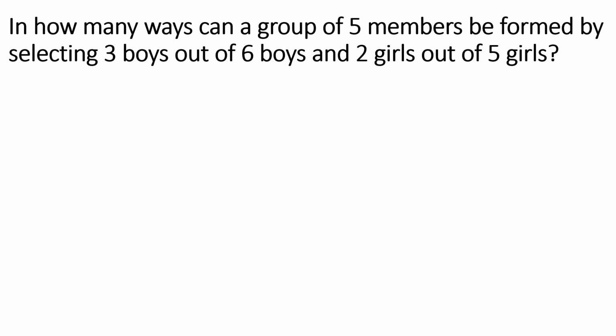In how many ways can a group of 5 men be formed by selecting 3 boys out of 6 boys and 2 girls out of 5 girls? Okay, we have to select 3 out of 6 and we have to select 2 girls out of 5 girls.